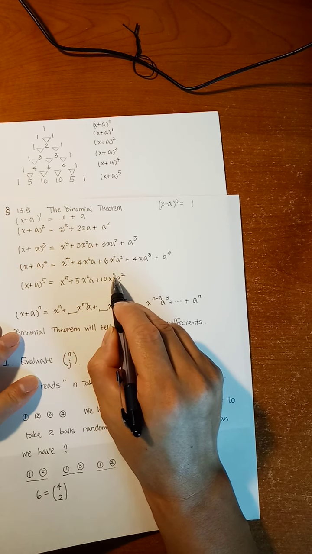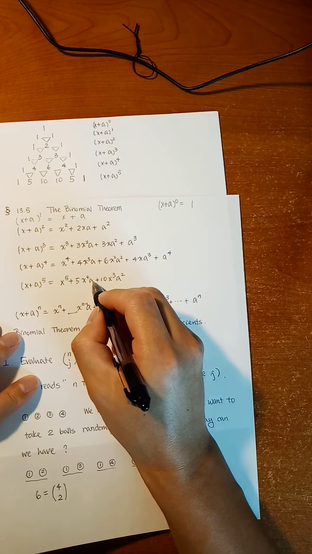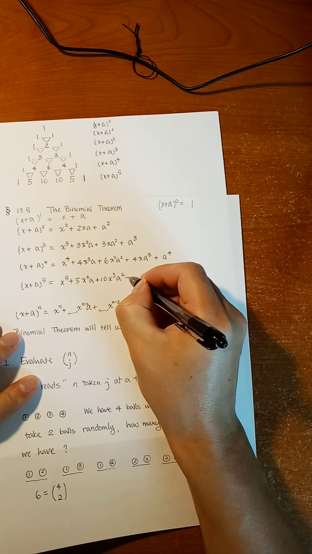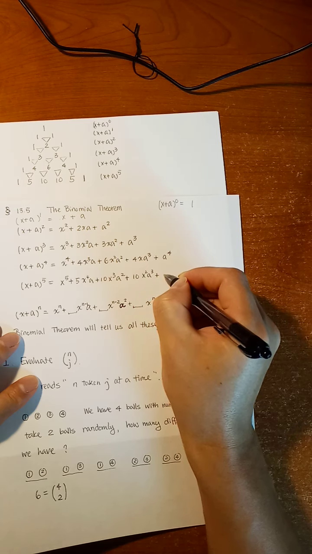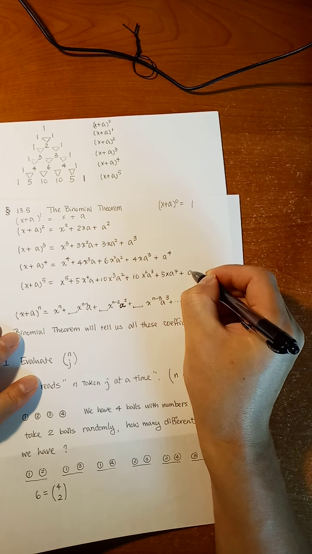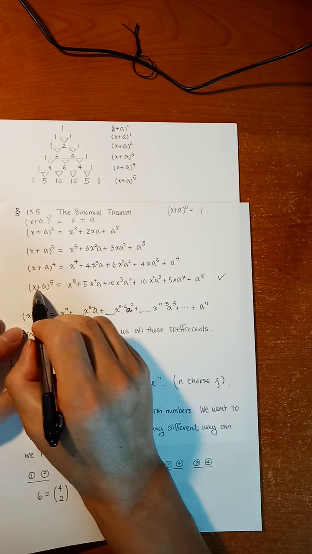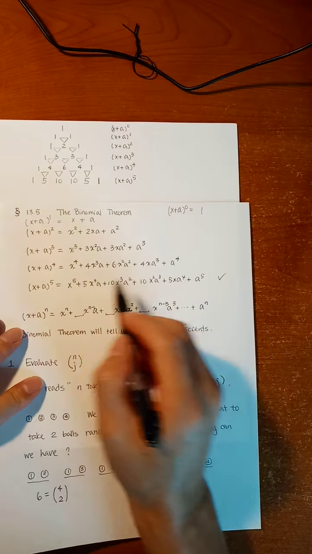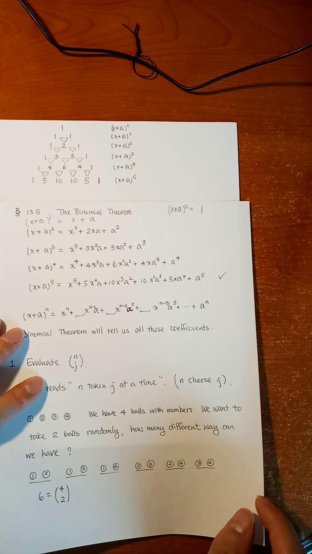So the degree of x is decreasing 1 by 1, and the degree of a is increasing 1 by 1. And 10x squared a cubed, 5x a to the 4th power, and a to the 5th power. This is exactly the case. If you really do the expansion, you will have this. This is correct.